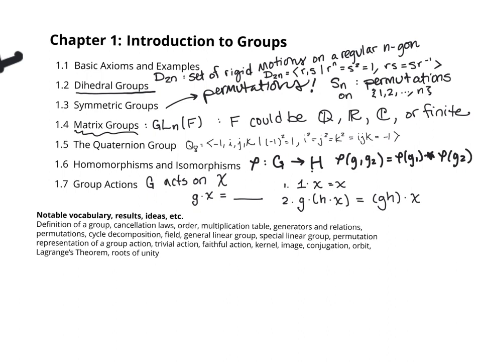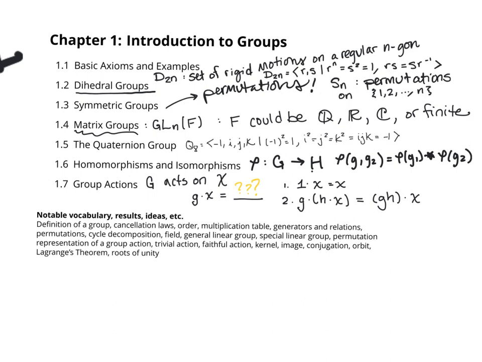Either way, however we define this group action, we want it to satisfy that the identity doesn't change the element of the set, and that the group action respects the group operation. Whether we let H act on X and then let G act on the result of that, or we take G times H, combine those in the group, and then let them act on X, we should get the same thing.